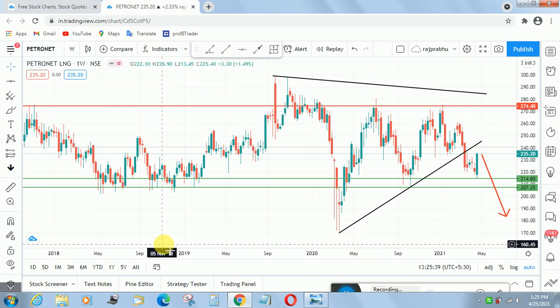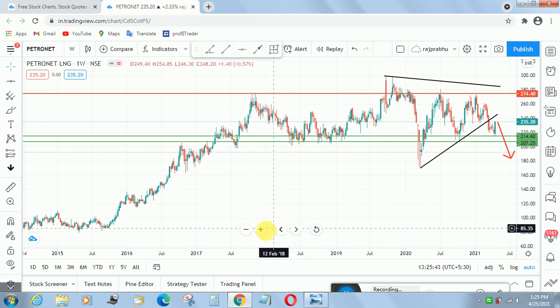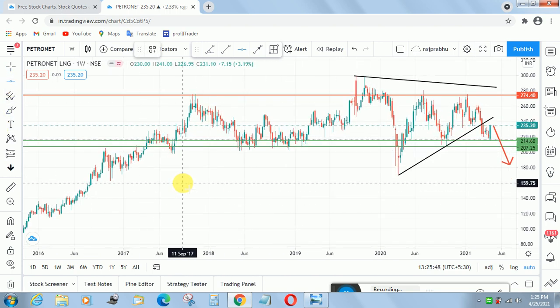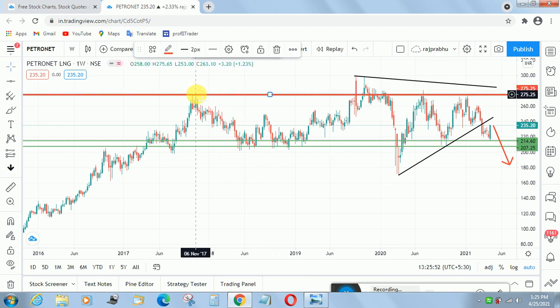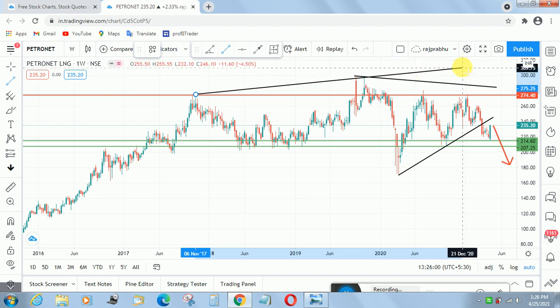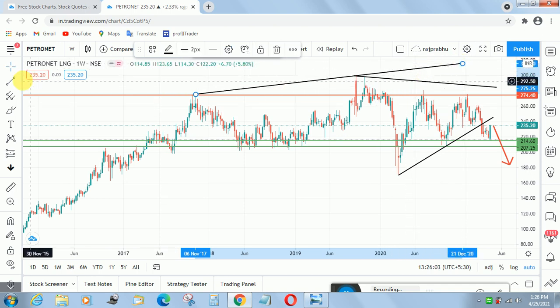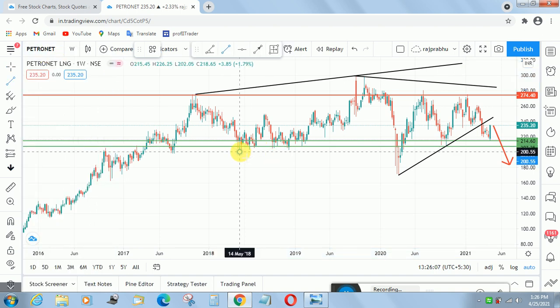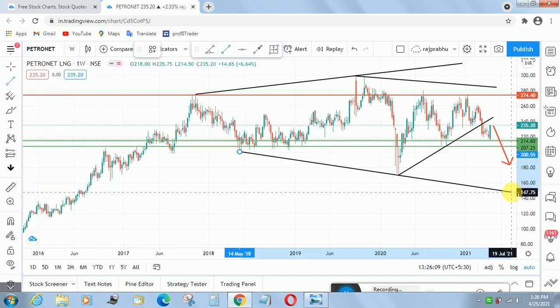Okay, I'm going to minimize this chart. See here, I'm going to draw another trend line from this level to this level, and then here to this level.